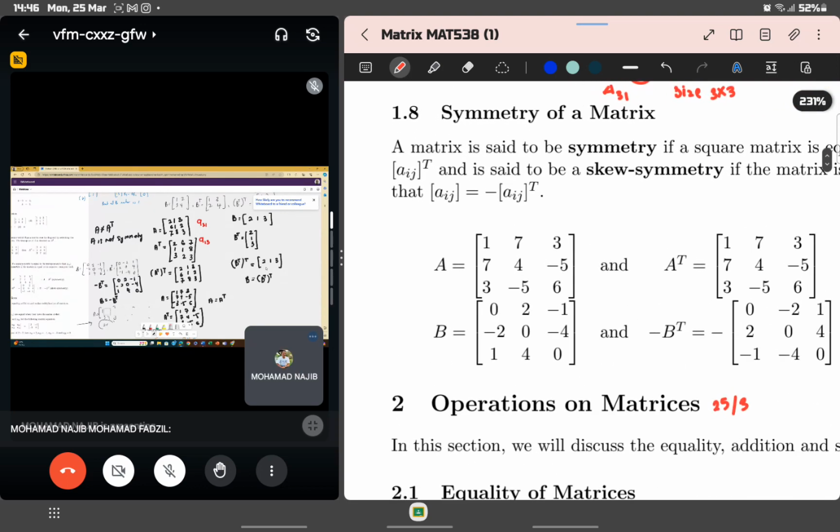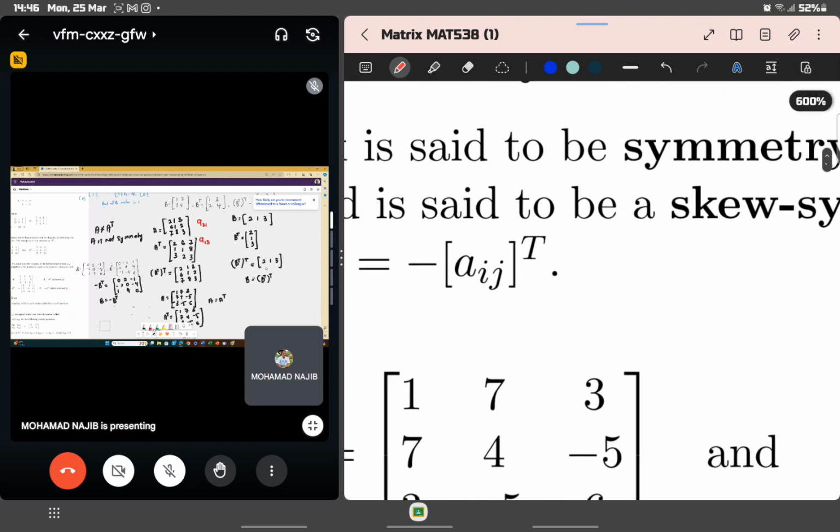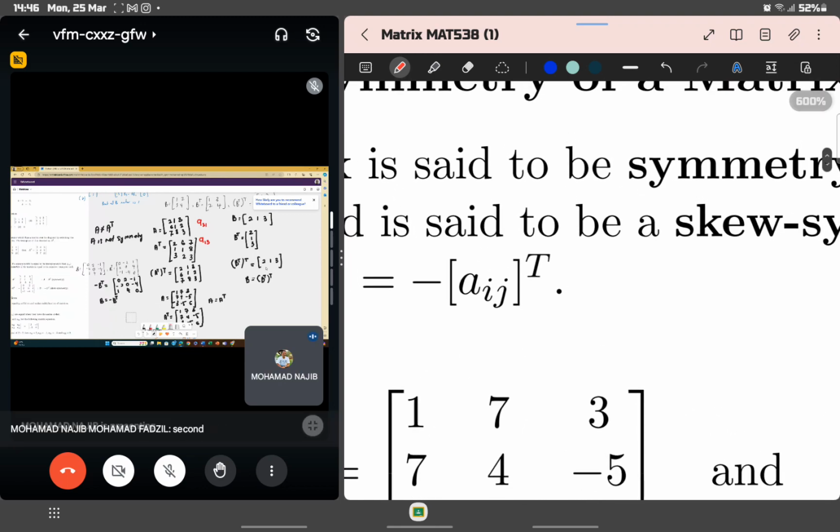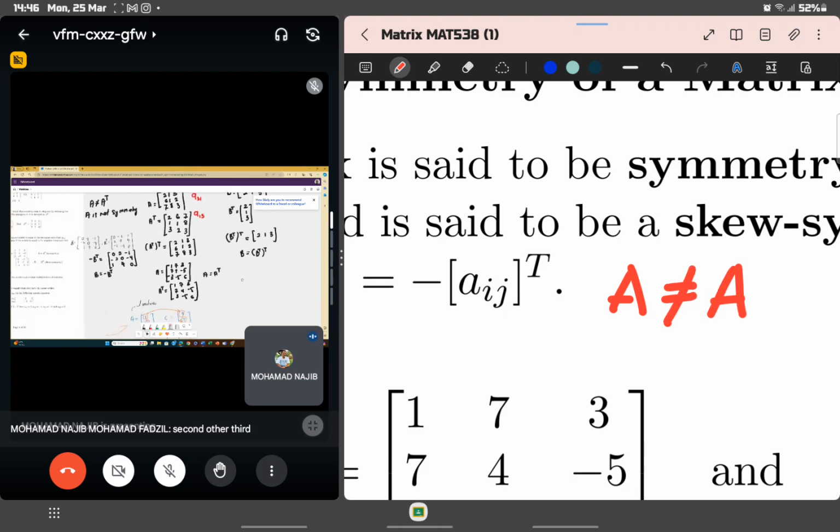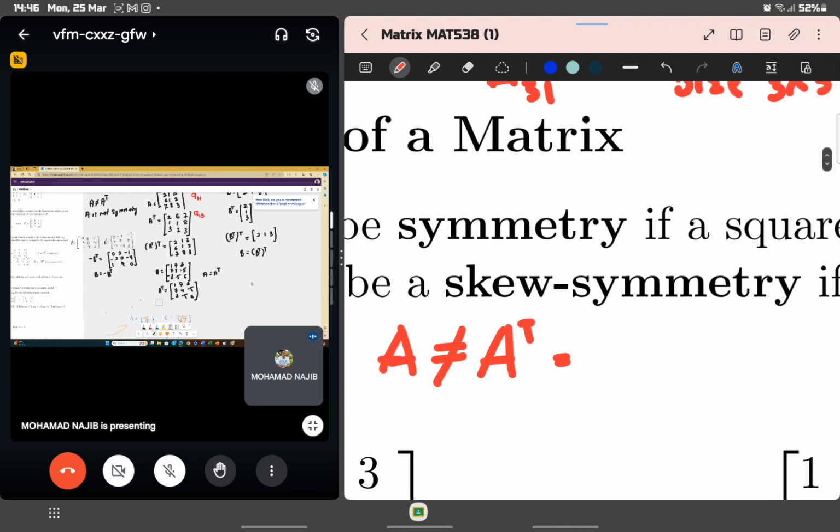Boleh. Alright. Second, ada tak contoh yang sama dekat sini? Ada. Kalau saya ambil dekat sini, C. Saya potong sat sebab saya nak ubah tempat. Okey.